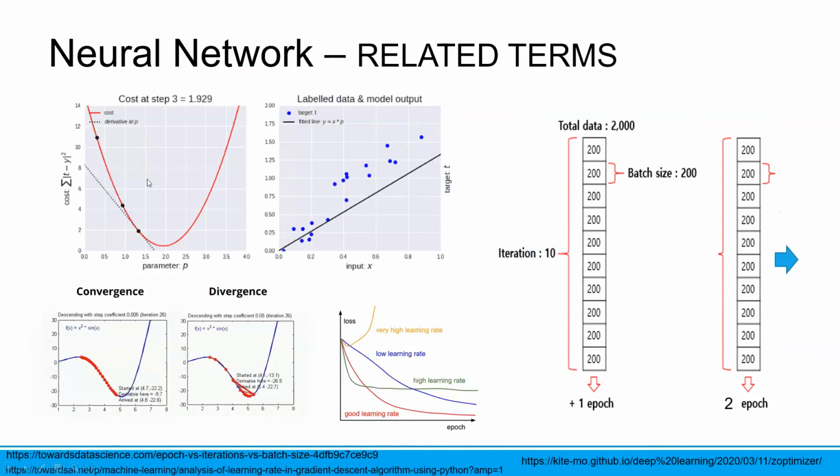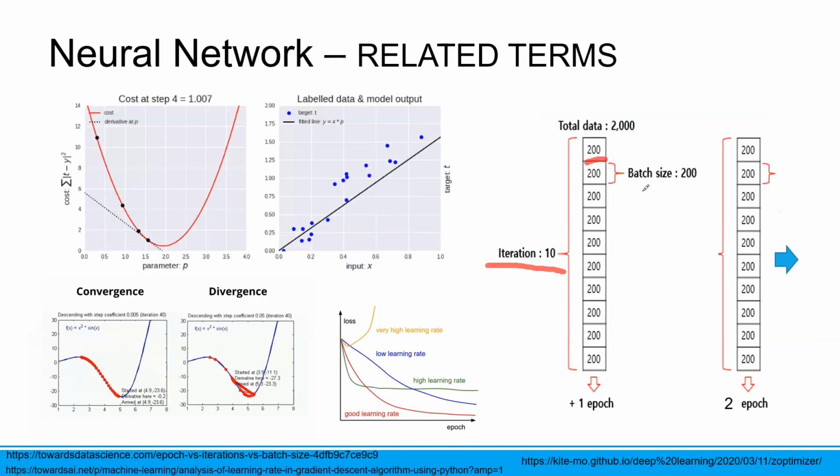So let's see from this one. Let's say I have like 2000 data. Maybe this is the very simple way to explain. I have 2000 data, and usually we can define like the iteration takes 10 times. Then the network will automatically assign for every batch, it will be like 200.